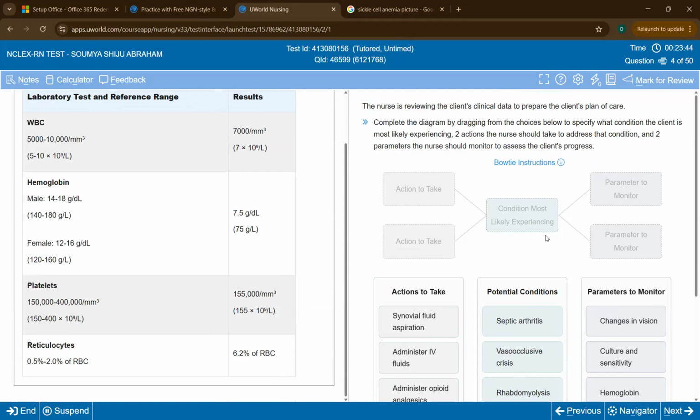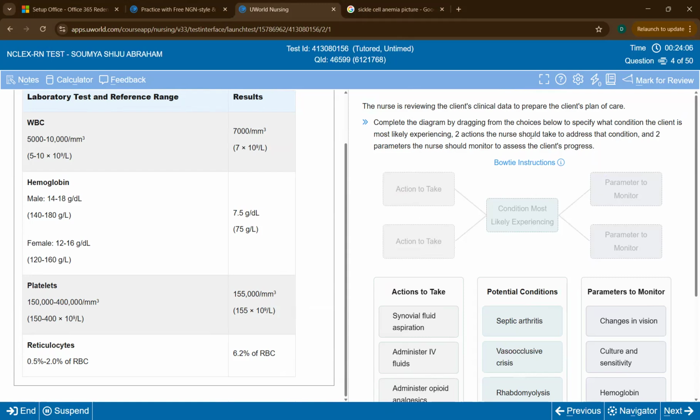Here we need to select the condition. Here we need to select what actions to take. Here, after giving care, what are the things we need to monitor. Once again, we can read the question. Complete the diagram by dragging. We need to drag it from this down to here.